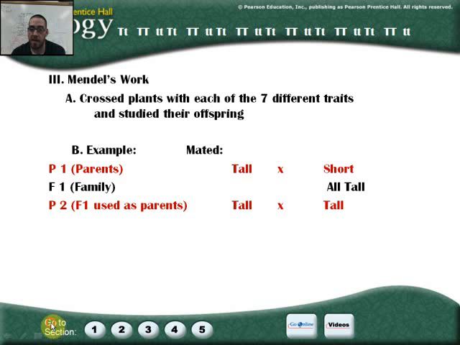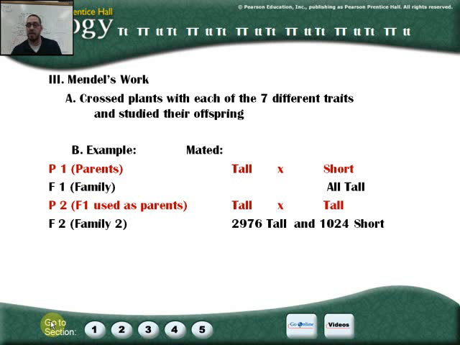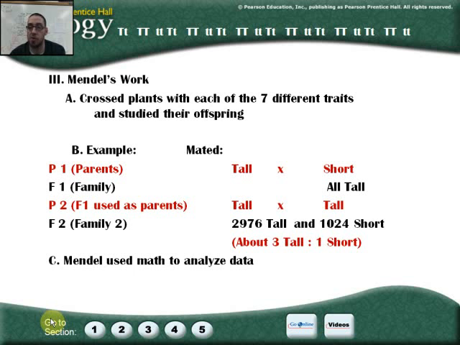And what he ended up getting, and the part that is kind of neat that he figured out, is that those traits from the short somehow were hidden in the first generation, and they reappeared in that second generation, or F2 generation. So he actually counted up those numbers of tall to short and made a hypothesis that there was a factor being passed on.